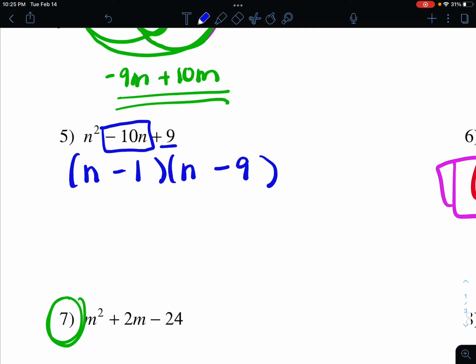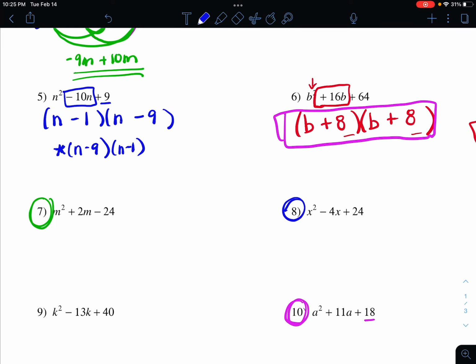Negative 1n plus negative 9n equals negative 10n. So that's my solution. Okay, again, you could have written it as n minus 9 and n minus 1. This is also a correct answer, okay? Again, multiplication is commutative as long as you have the signs with the correct numbers.